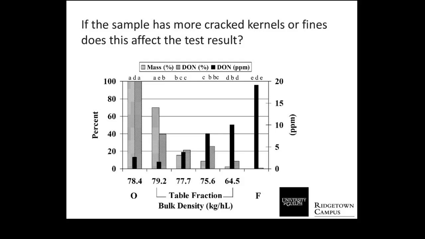The average of the original sample was 78, and the lightest fraction was 64.5. The black bars show you how much DON was in the sample, concentration wise, and the backwards hatched bars show you the percentage of the total DON that's in those samples.